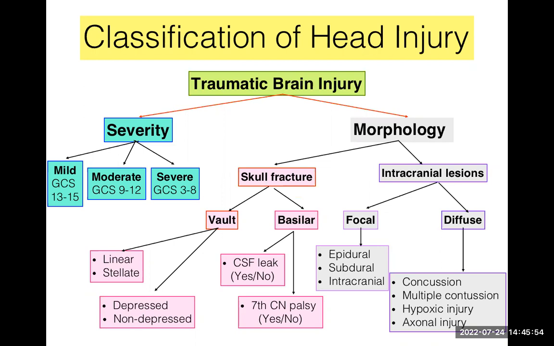If we want to classify the TBI based on morphology, it can be further subdivided into skull fracture, which is either vault or basilar skull fracture, or based on the intracranial lesions, whether they are focal intracranial lesions or diffuse intracranial lesions. If we want to classify the TBI based on mechanism, it will be either blunt or penetrating head injury.